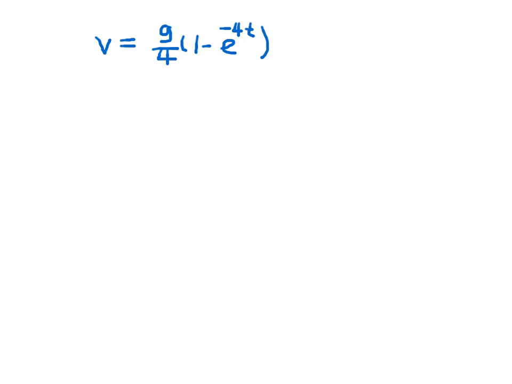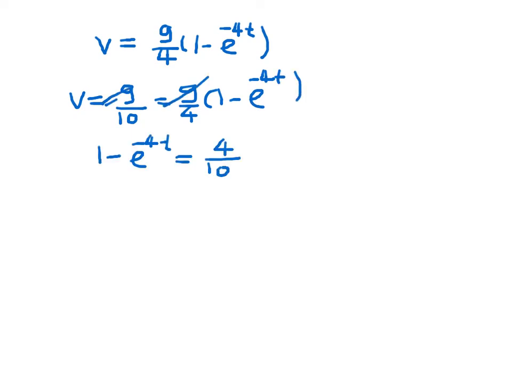So given that v is equal to g over 10, equate this to the solution, and our aim is to find the value of t. We would proceed to get this and perform the algebraic manipulations, and finally you should see something like this: 4t equals ln 305, and then you would get t equivalent to an exact value of 1/4 ln 305.